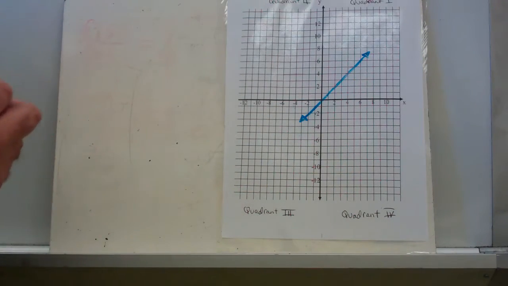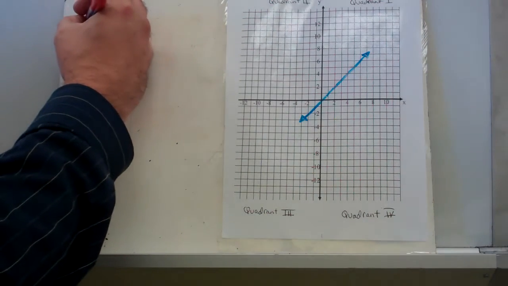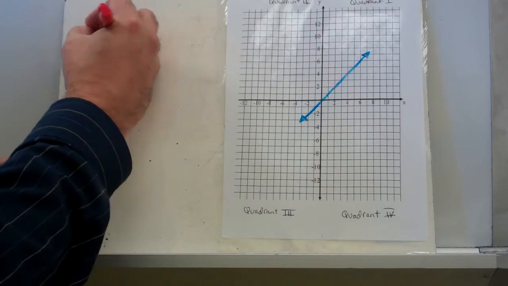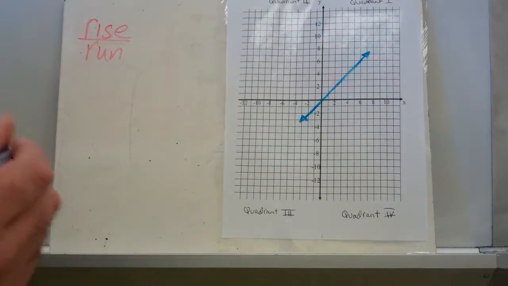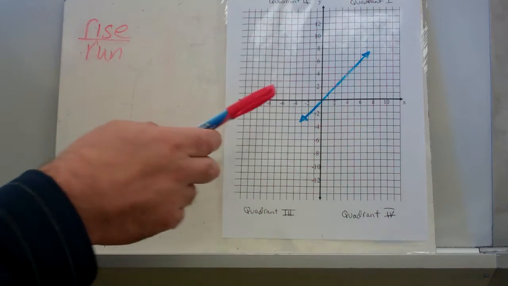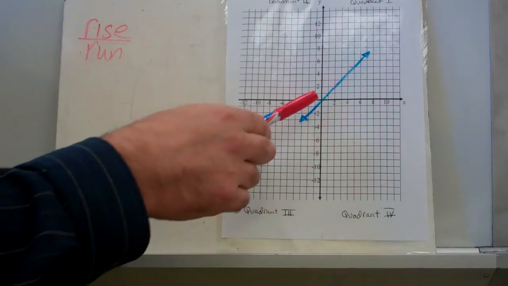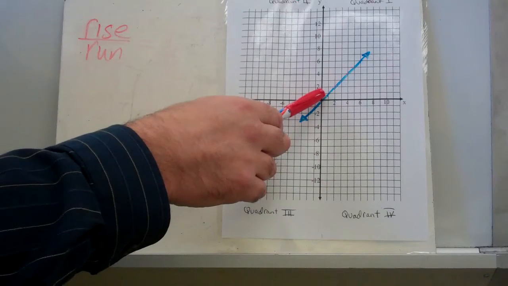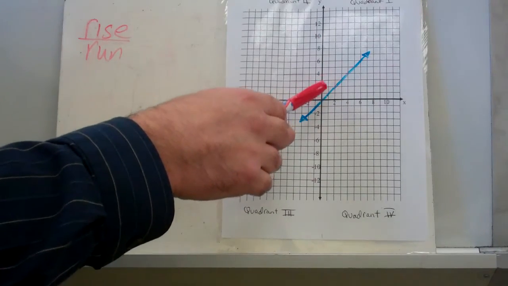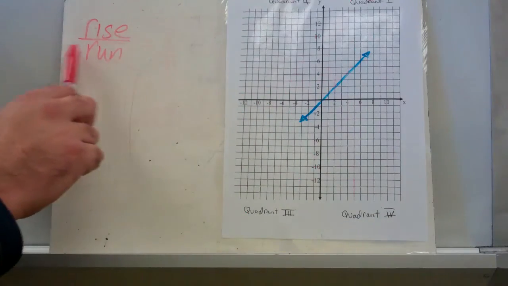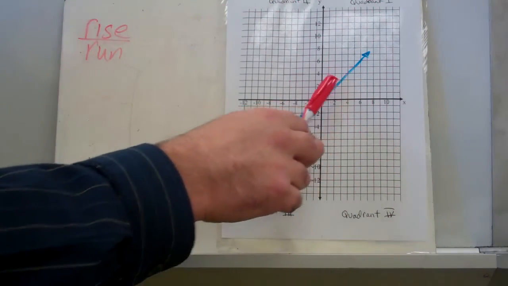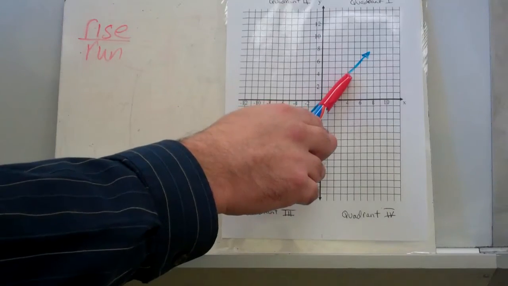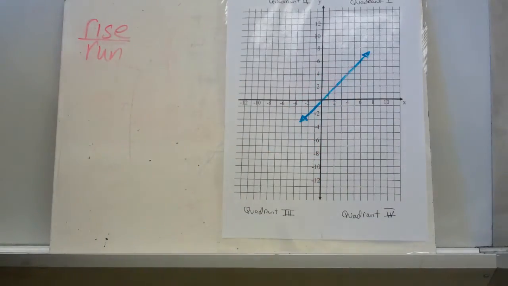And so what we're going to do is we're going to do something called rise over run. I'm going to determine, starting at one of the coordinates, how many spaces or other coordinate numbers I have to go up, and then find out how many I have to go left or right to get to the next space or coordinate where the line goes through.